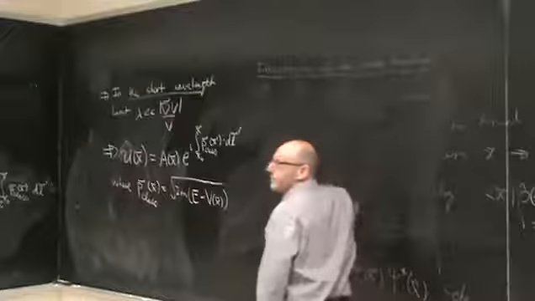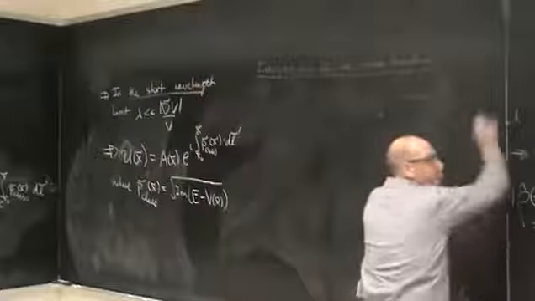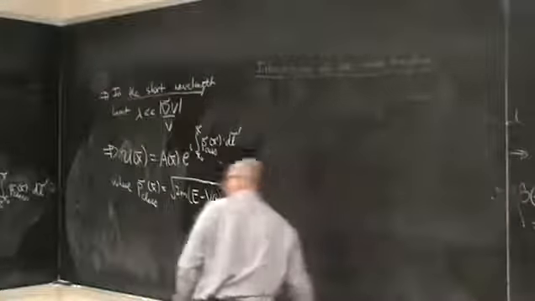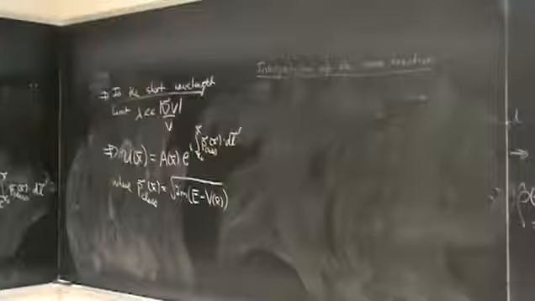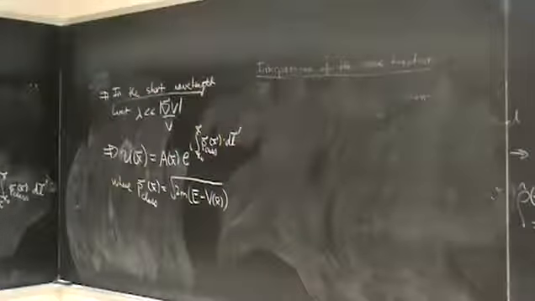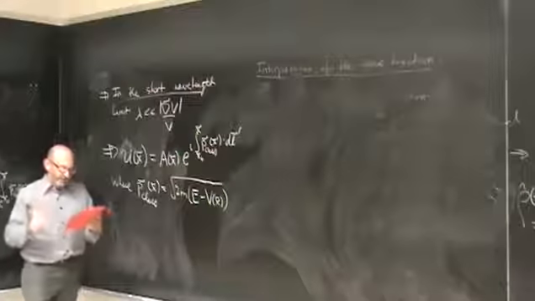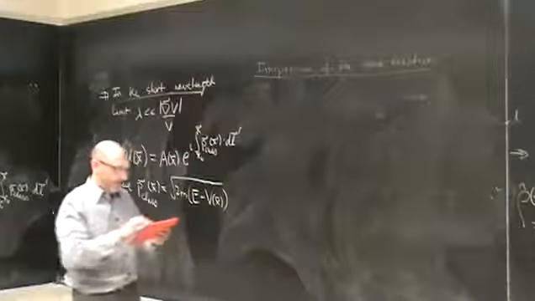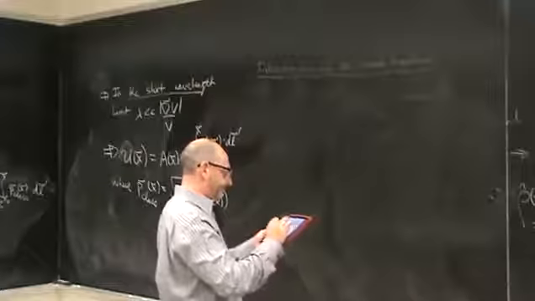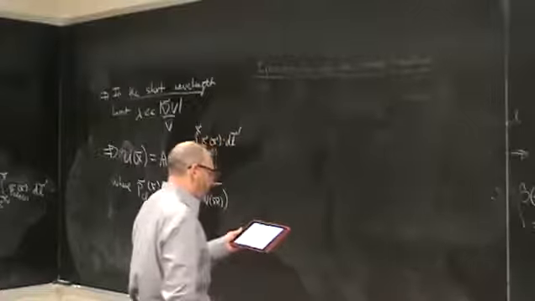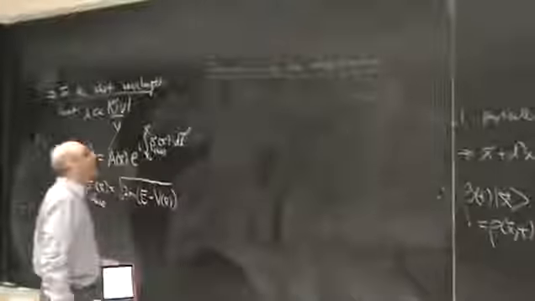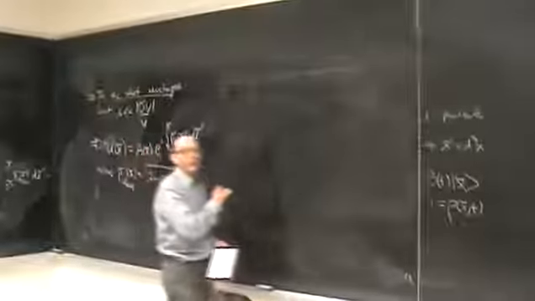What about the amplitude? What is the amplitude of the wave function? That is to say, the magnitude is what I really want to say. Well, we have the continuity equation.